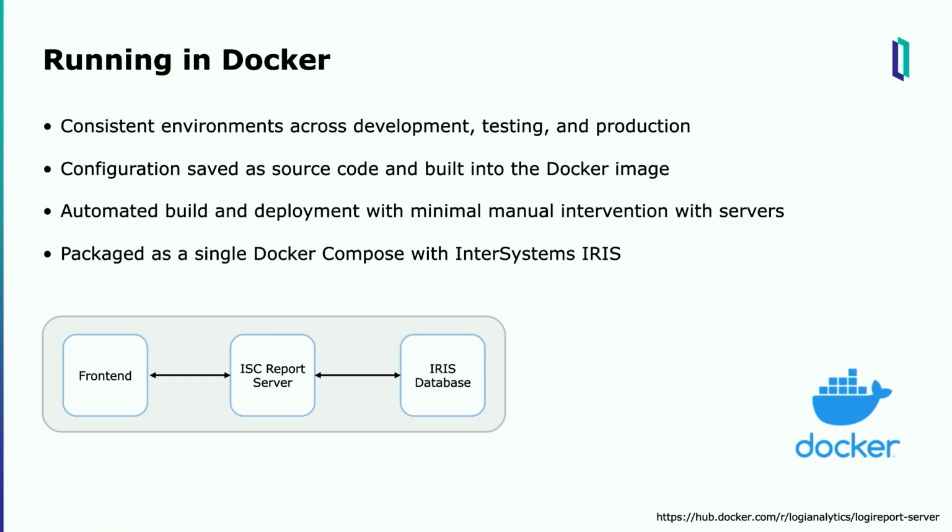And when we build the ISC Reports image, we package all the settings and configurations in the Docker image, so we don't have to manually configure them after we deploy ISC Reports. And finally, that really simplifies our deployment, right? Because we can package Iris, ISC Reports, and also our front-end application into the same Docker Compose file, and then we deploy everything in one command, like docker compose up, and everything is up and running.